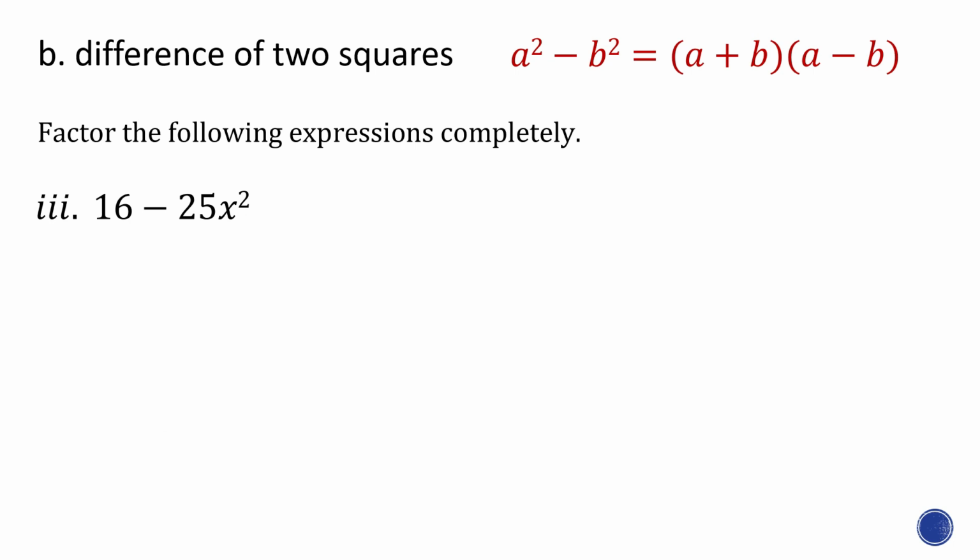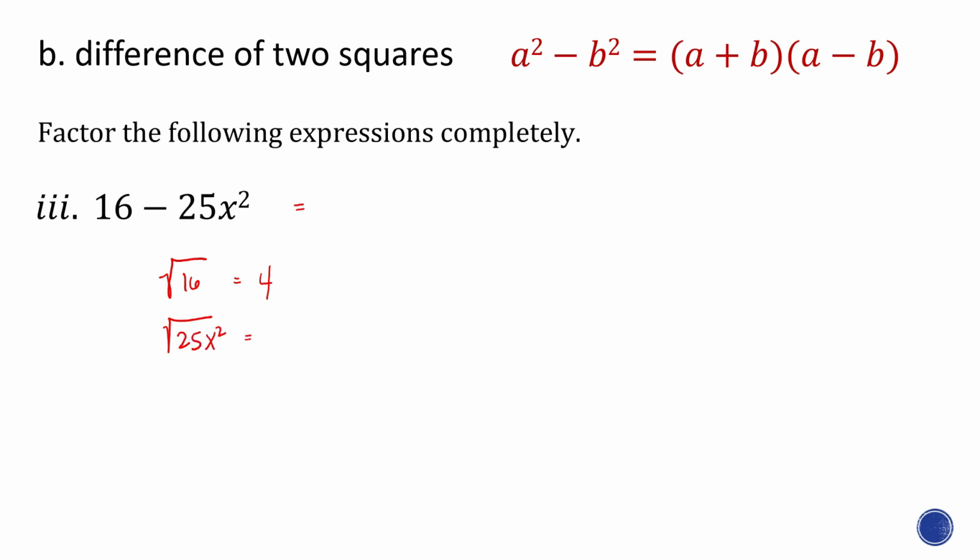16 minus 25x squared. What is our a and what is our b? So a is the square root of 16. And what is that? Yep, it's 4. Why is it 4? Because 4 times 4 equals 16. Now what about 25x squared?